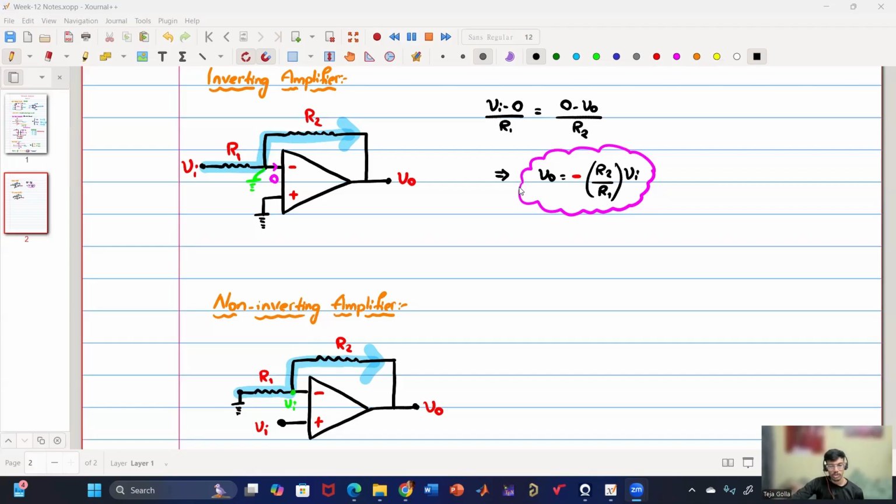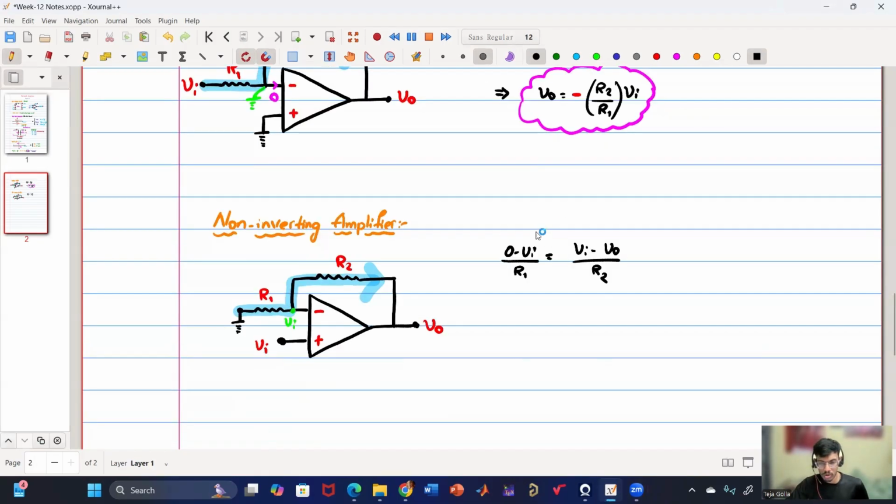So Nandini says 0 minus Vi by R1 equal to Vi minus V0 by R2. Very good. So if I write it, 0 minus Vi by R1 equal to Vi minus V0 by R2. So solve for V0 in terms of Vi. And once you solve, you will get something like this.